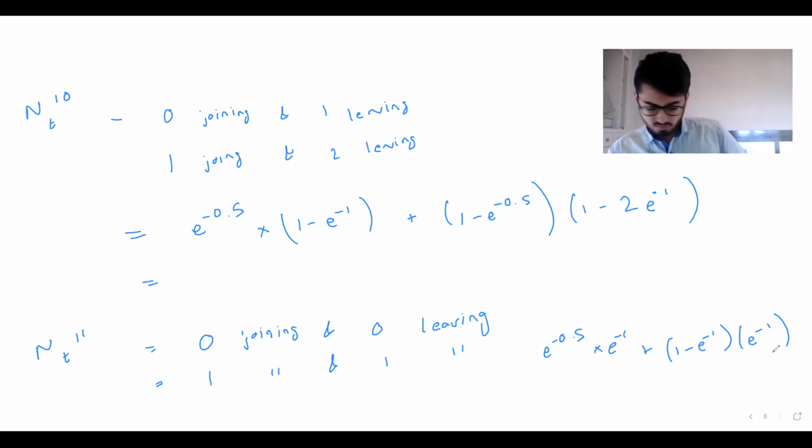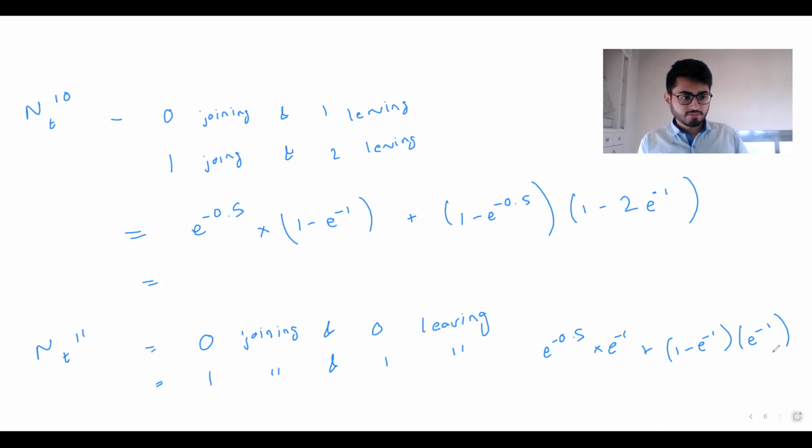Let me just check this once. NT11 was coming out to be this only 0.5. One minus e to the power minus 1. Right.